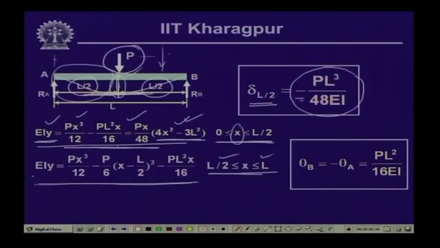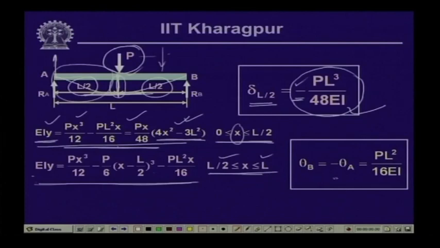And if you look into the sign of this, it is negative, which indicates that the beam deflects in the opposite direction of the positive y, hence the negative sign comes in. So, this is the maximum value of the deflection, which occurs at the center.